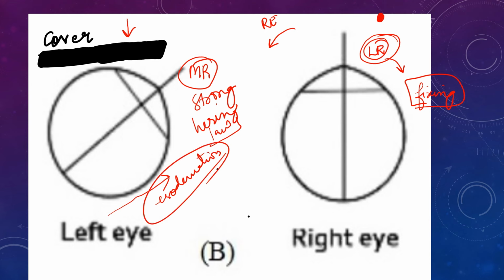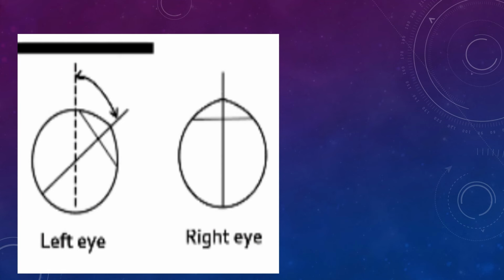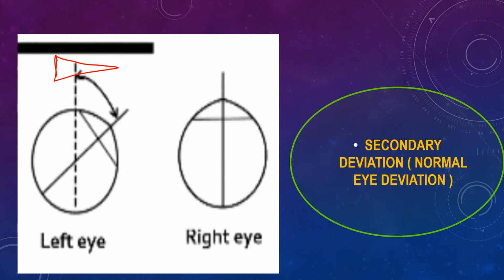So what has happened here? The eye which was originally having the problem, that is the right eye, which was a paretic or squinting eye, has now become straight and has become the fixing eye, and now you have deviation in the left eye. Now, if you were to measure the deviation in this left eye by putting a base-out prism in front of the left eye, you are going to measure what is called a secondary deviation or a normal eye deviation.